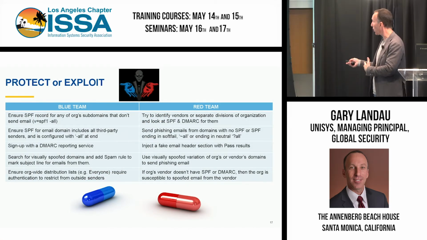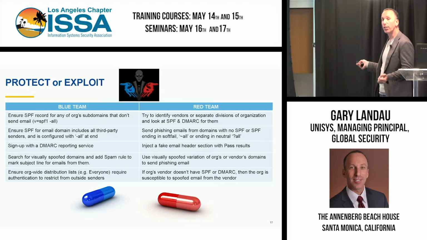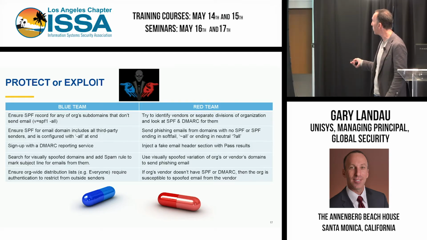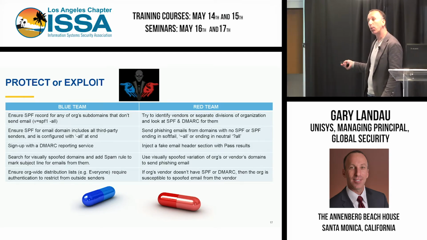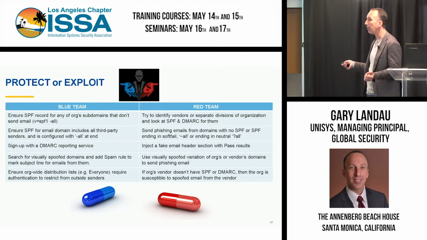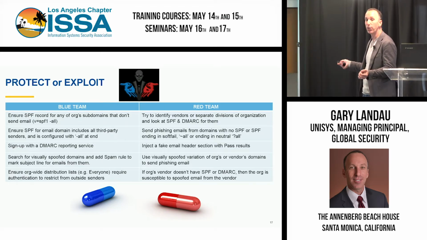Now, if you're on the attacker side, you could look for an organization's key vendors, and you can check what are their SPF and DMARC settings, and you could try and exploit those to try and inject phishing emails. You could also look for SPF records for if the organization or their vendors don't even have SPF records, or they end in a soft fail.